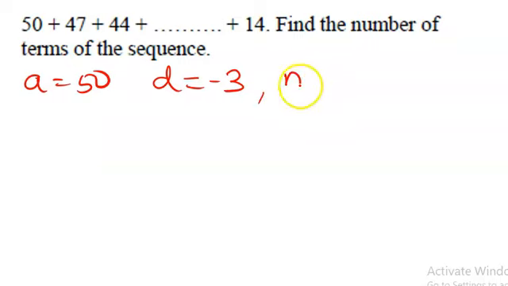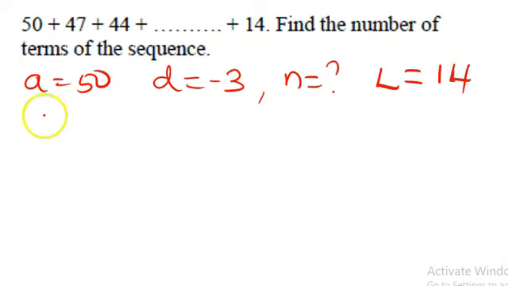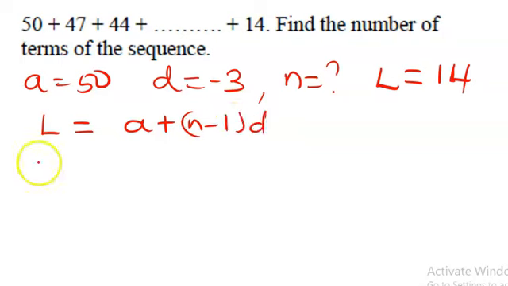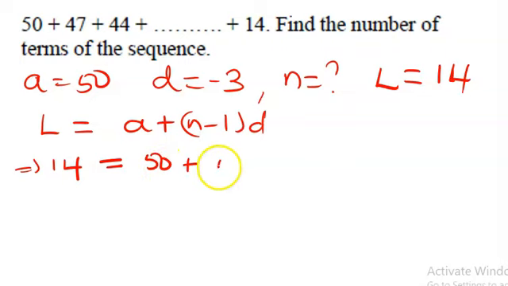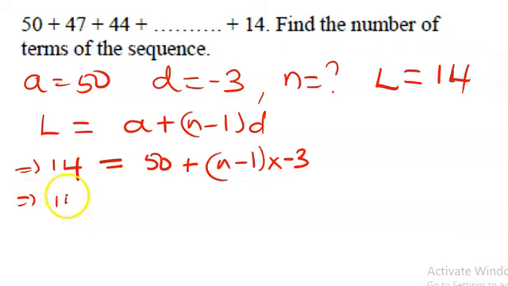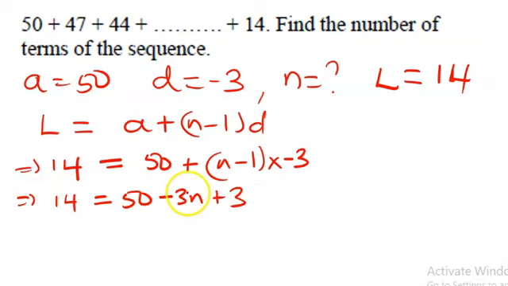This time we don't know the number of terms, but we know the last term, which happens to be the nth term. So the last term is given by A plus n minus 1 D. This implies that 14 is equal to 50 plus n minus 1 times minus 3. So we have 14 equal to 50 minus 3n plus 3.